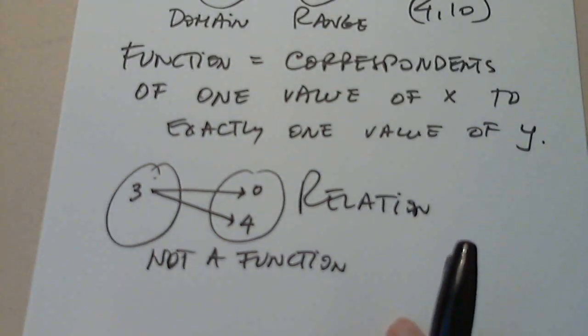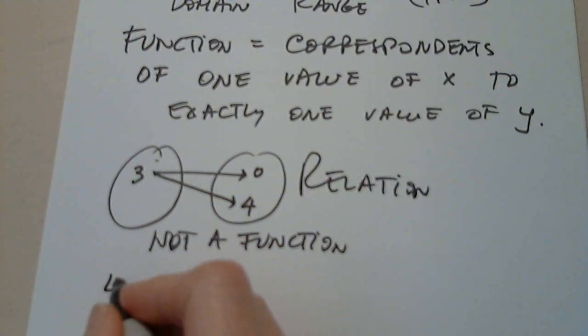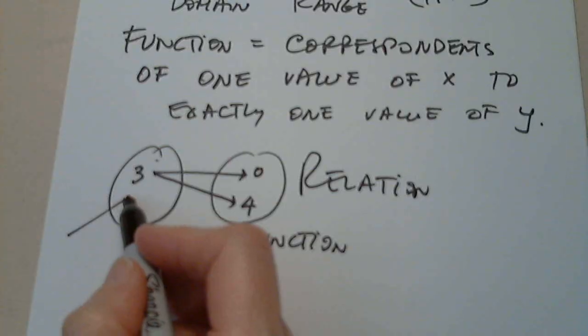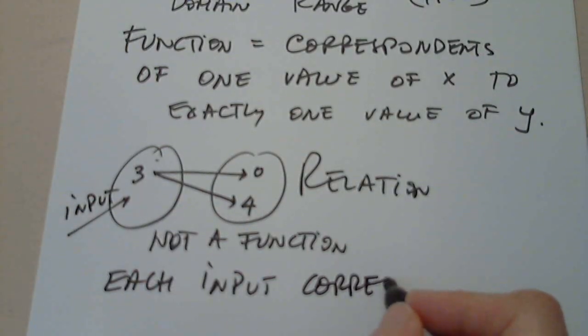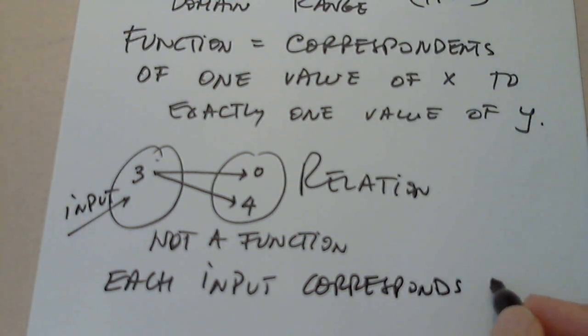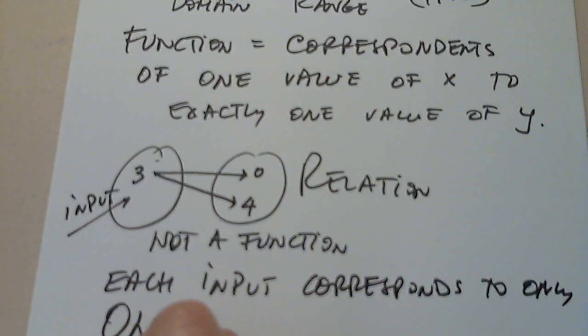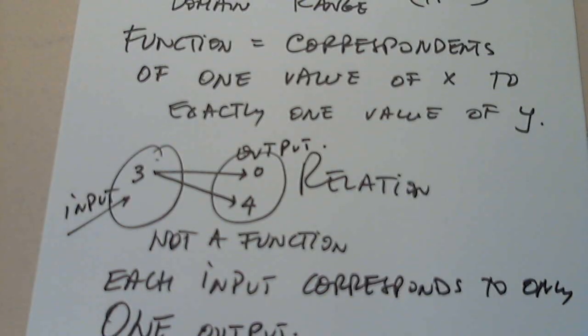So an easier way to remember the definition of a function is this. Each input corresponds to only one output. That's the shortest and the easiest to remember.